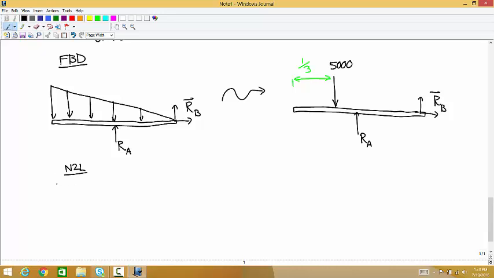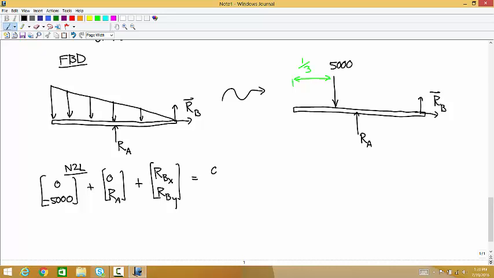So Newton's second law says 0, negative 5,000 plus 0, RA, plus RB X and Y components is equal to zeros.